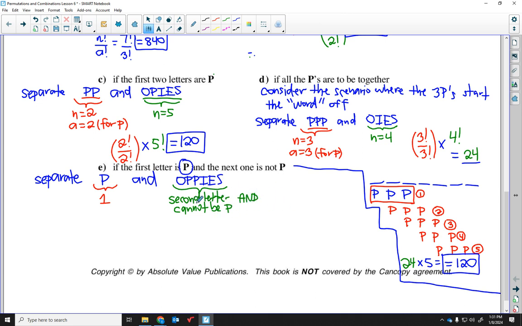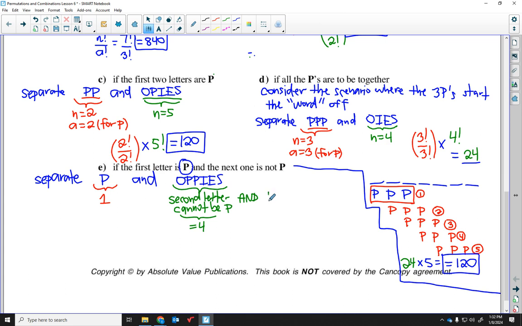Now, if the second letter can't be a P, let's identify how many different letters it could be. Well, it could be O, it could be I, it could be E, or it could be S. So there's 4 different possibilities for that spot. It's just not allowed to be P. So that's just going to be 4. Now, I've used up one of these letters, so I would have 5 remaining elements.